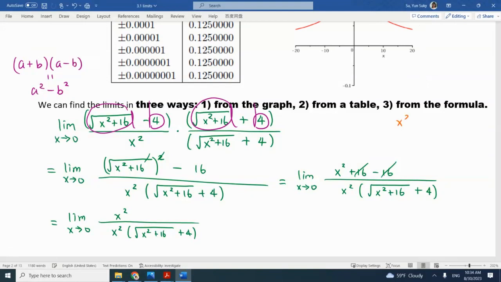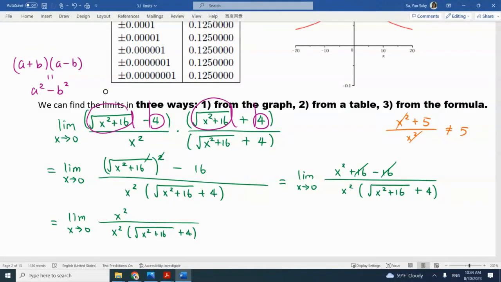If you have x squared plus 5 over x squared, can you cancel the x squared and say that's 5? No. So this is not 5. We cannot just cancel x squared. So you have to make sure the 16 cancels, and you have exactly x squared and x squared. Then you can cancel the x squared.